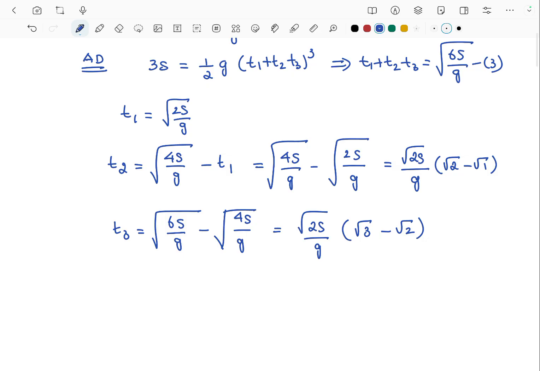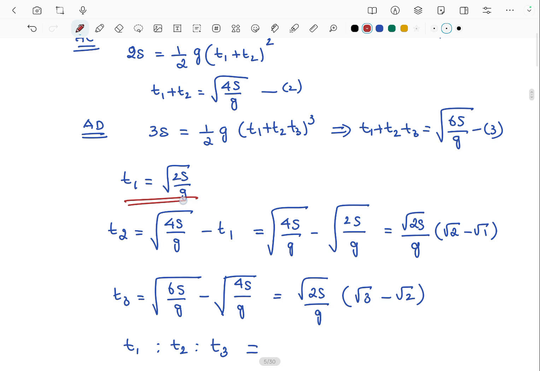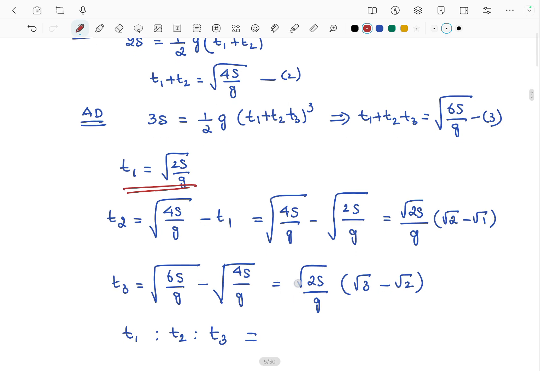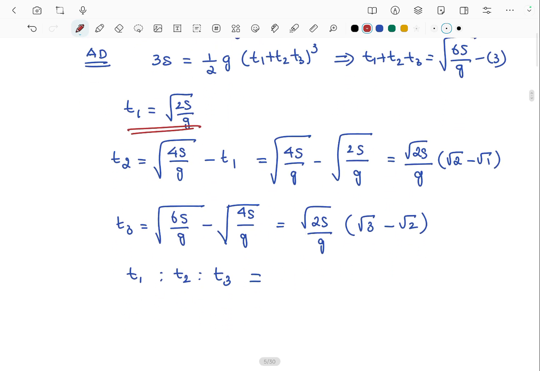Now we are supposed to get the ratio of T1 is to T2 is to T3. T1 is root 2S by g, and T2 is in terms of root 2 minus 1. Taking the common terms, we can write they are in the ratio of 1 is to root 2 minus 1 is to root 3 minus root 2.